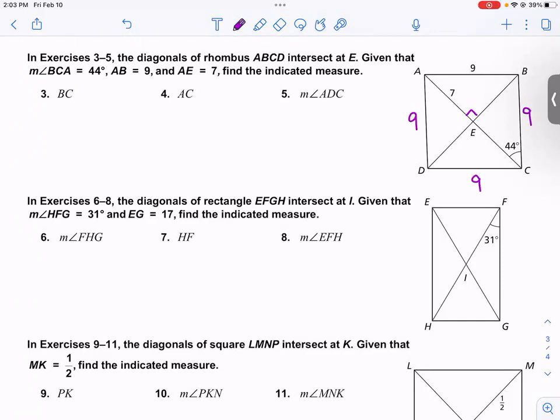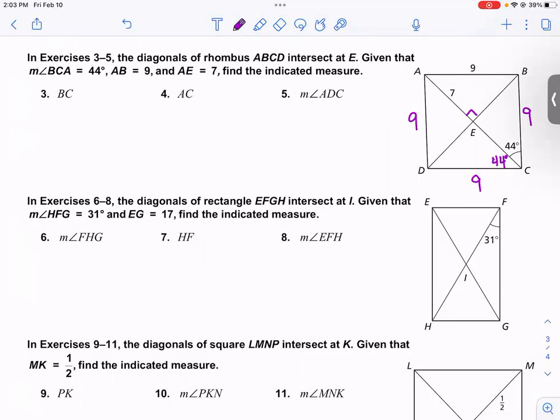We're not in triangles. That's only in a triangle. Okay, so we have a 90-degree angle right here. And you also said that these bisect the angles. So if this is 44, then this is also 44.